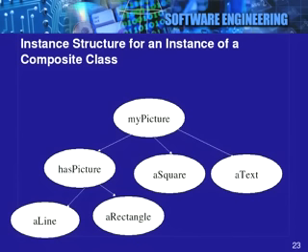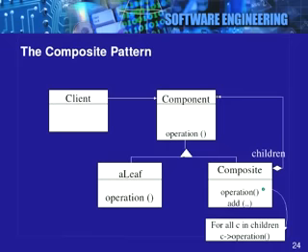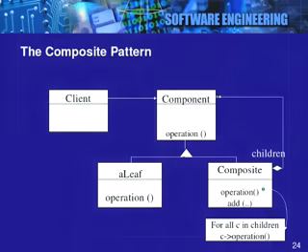So this tree can be generated out of the design that we have just seen. So we have got a pattern called composite, which allows us to represent such tree structured object diagrams through designs expressed in terms of classes. So here is our composite pattern.